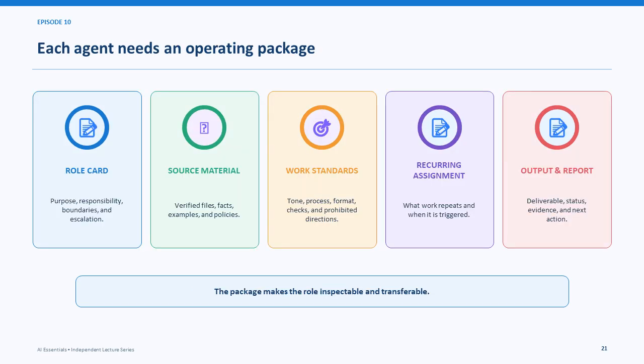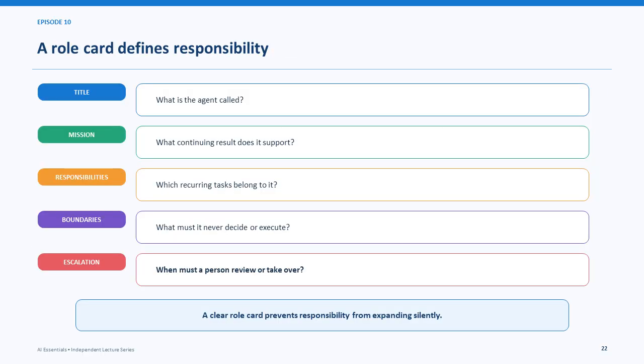Each agent needs an operating package: a role card, source material, work standards, recurring assignments, and an output or report structure. Together they make the role explainable and transferable.